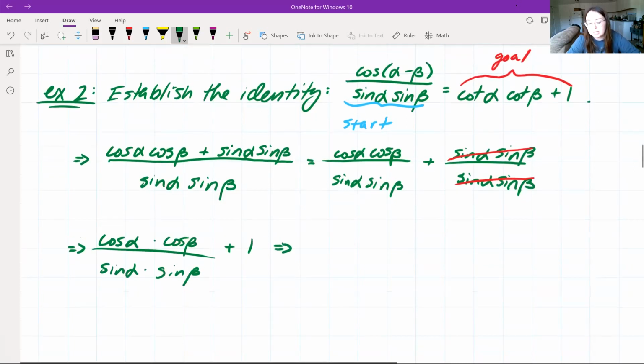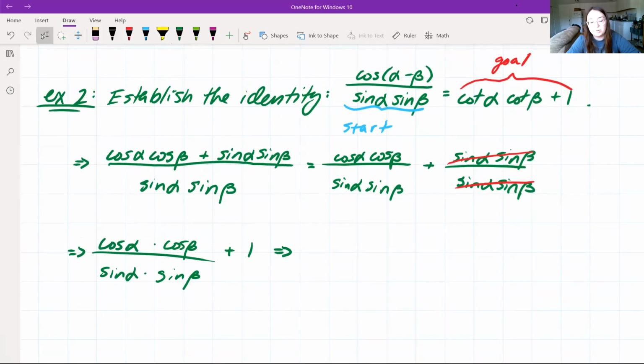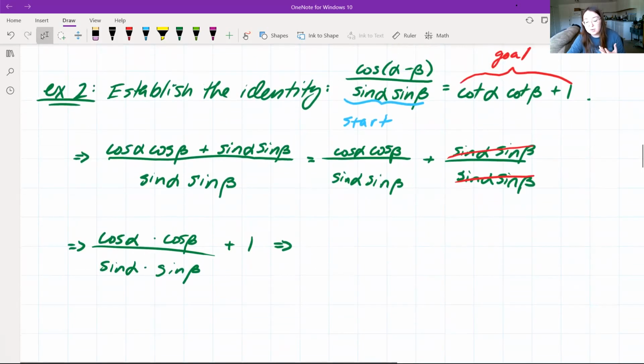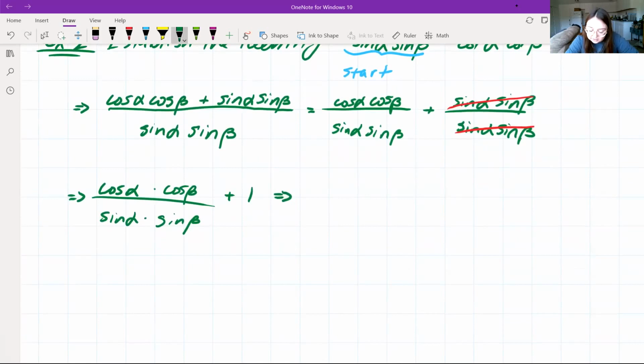And now remember our goal is that we want cotangent of alpha times cotangent of beta. And we see we have cosines in our numerator, sines in our denominator. So we can also separate our product here out as well, so that we end up with an answer that looks like cotangent of alpha times cotangent of beta. So we can separate this into cosine of alpha divided by sine of alpha times cosine of beta divided by sine of beta.